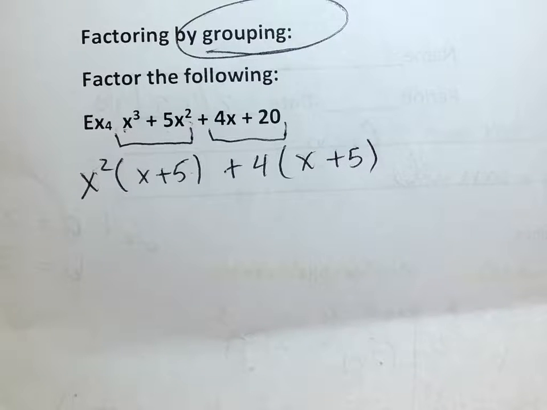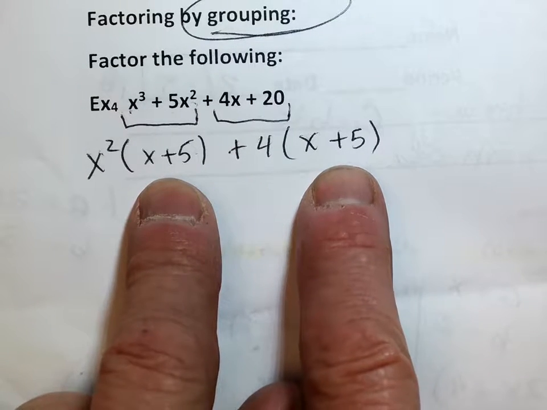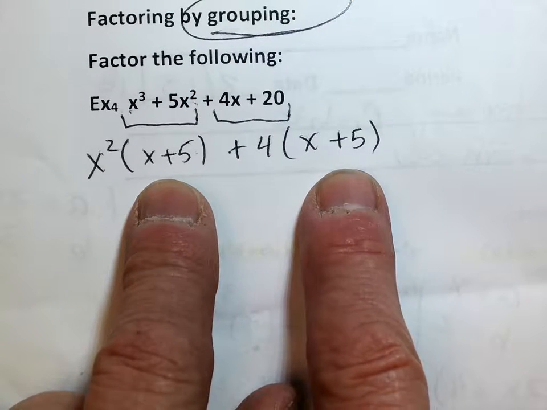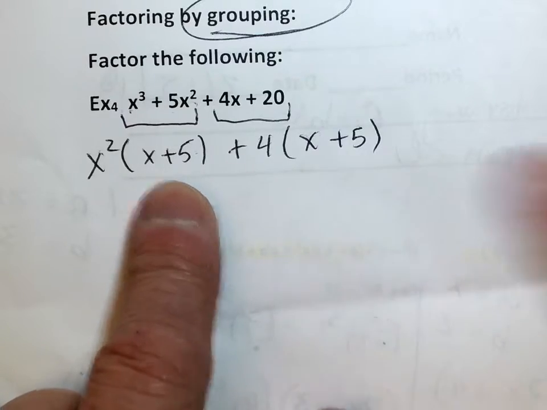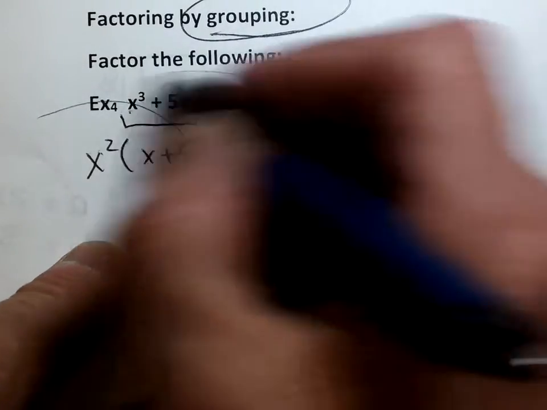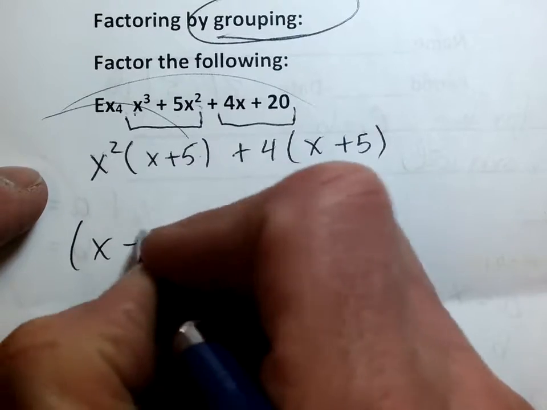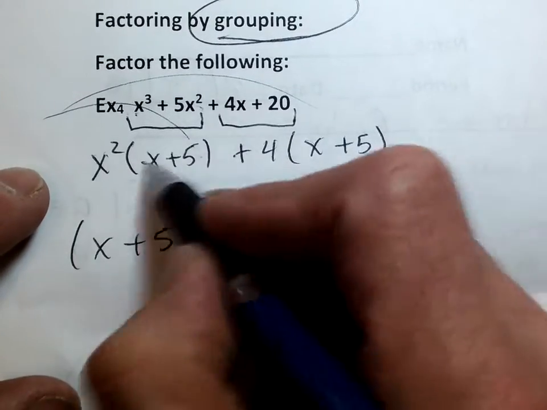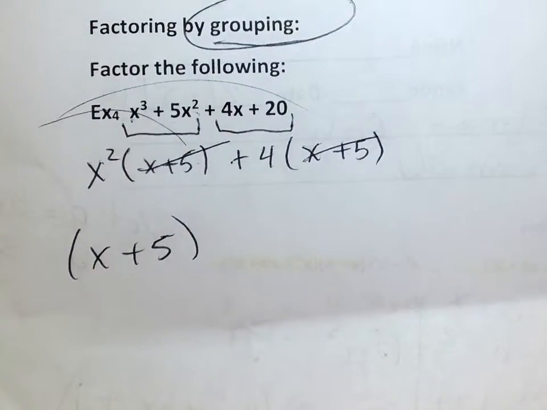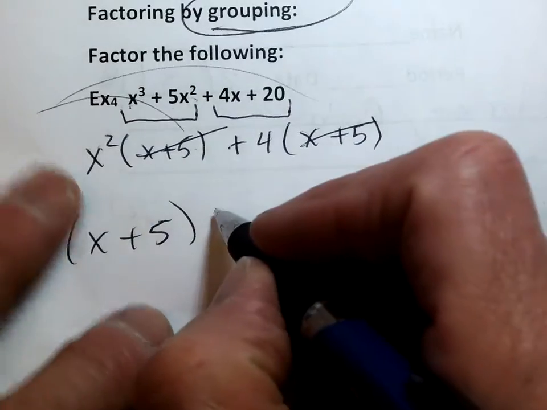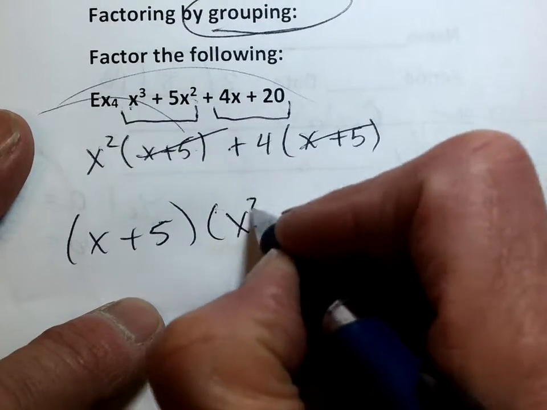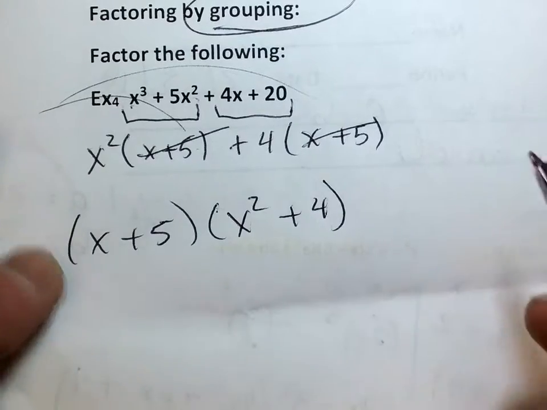Now, what's cool is I see something familiar. And this works. They both have an x plus 5 in common. So if I pull the x plus 5 out of both of them, what's left over? x squared plus 4.